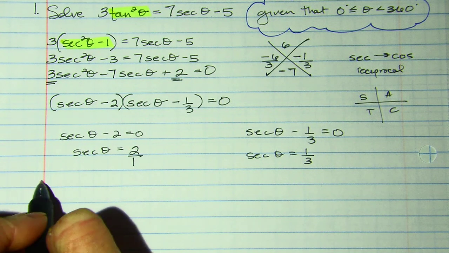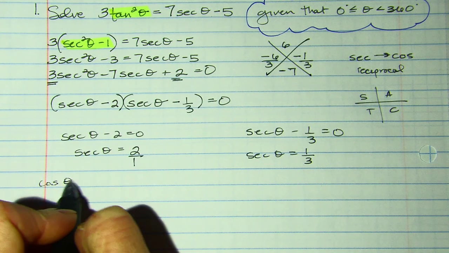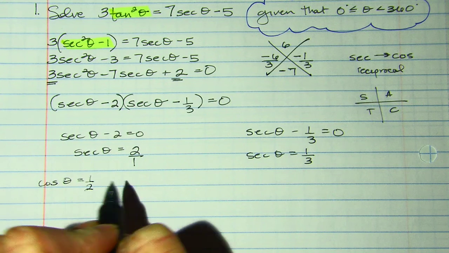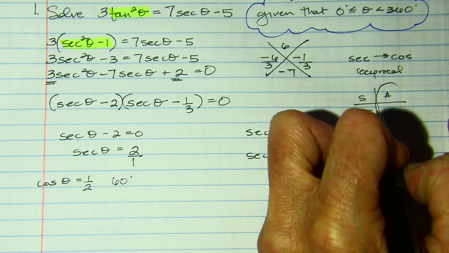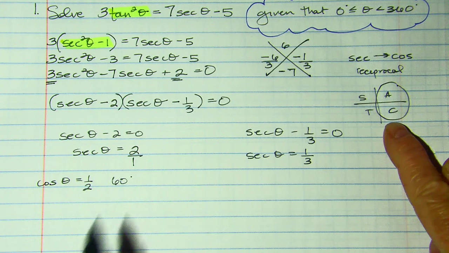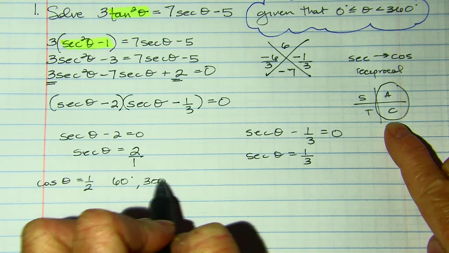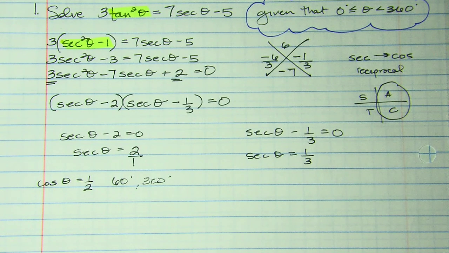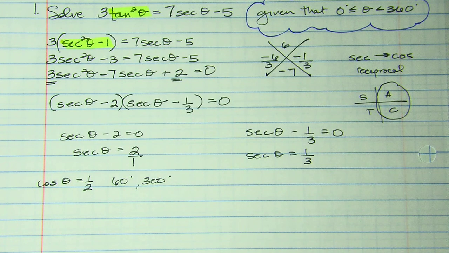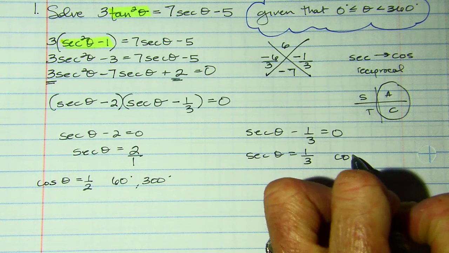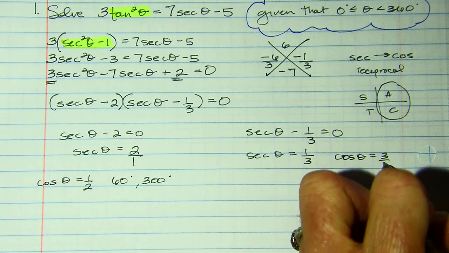So this is, when does the cosine of theta equal 1 over 2? Well, that would be 60 degrees because it's positive in these 2 quadrants. So 60 and 300. And so I use cosine because it's the reciprocal. So secant will be positive in the same 2 quadrants. So this is, when is the cosine of theta equal 3 over 1?